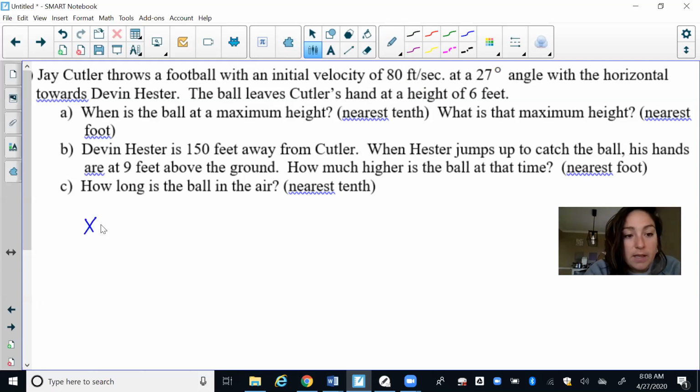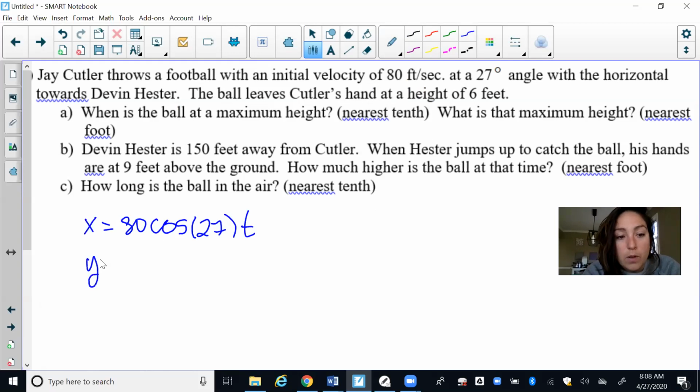So we have x equals initial velocity, which was 80 feet per second, times cosine 27 t, and y equals negative 16 t squared plus initial velocity, 80 sine 27 t, and then plus the initial height, which was 6 feet.